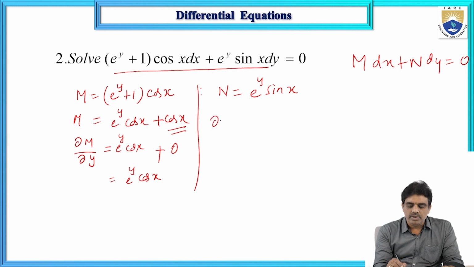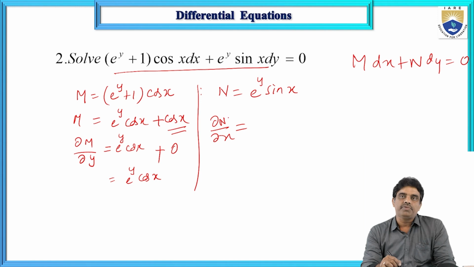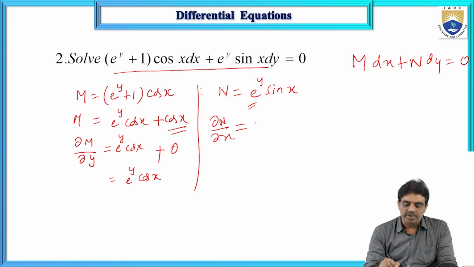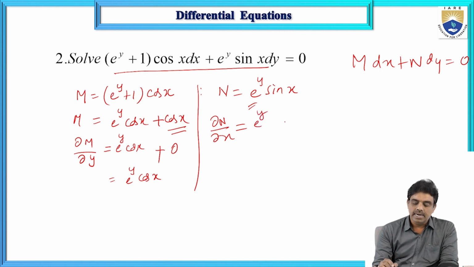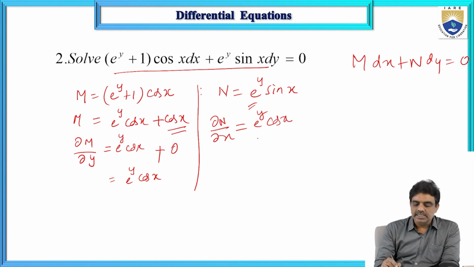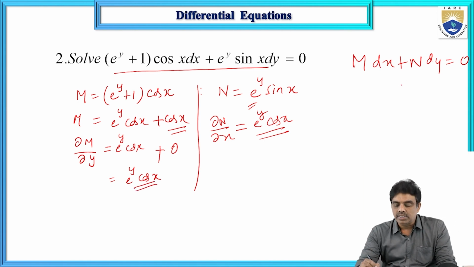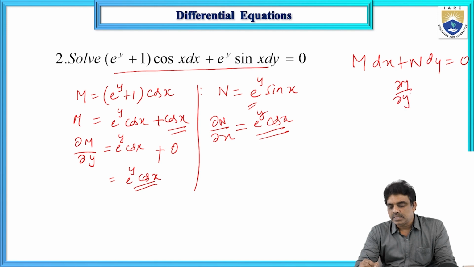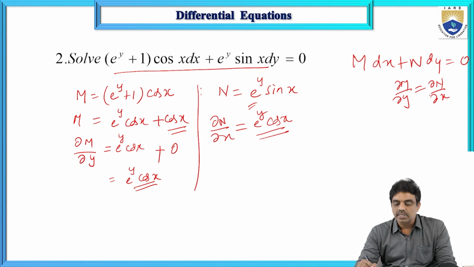Then what is ∂N/∂x, the partial derivative of N with respect to x? When doing the partial derivative with respect to x, treat the y term as constant. So write e^y as it is, and the derivative of sin x with respect to x is cos x. So this is e^y cos x, and this is also e^y cos x. What we have obtained is ∂M/∂y equals ∂N/∂x, so the equation is an exact equation.